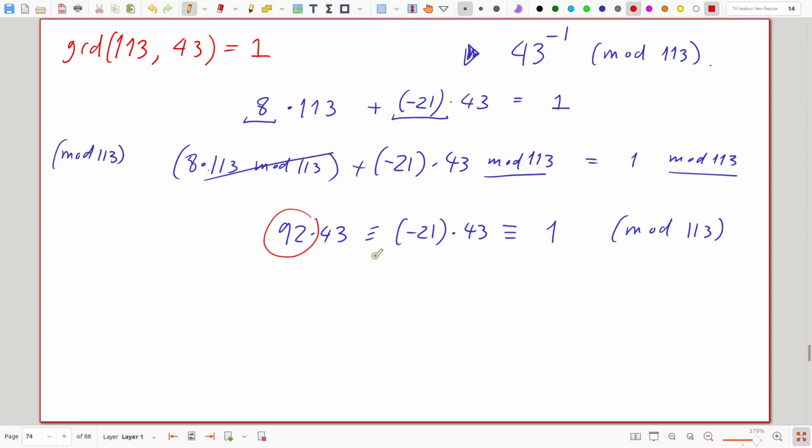Okay, so we want to find the inverse modulo 113. You use the extended GCD algorithm to find the GCD of 113 with your number, and then you get A and B. The coefficient B is actually the inverse that you are looking for. So let's do the calculation really quickly.